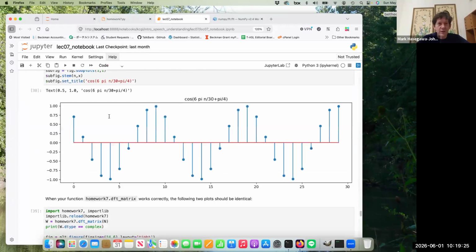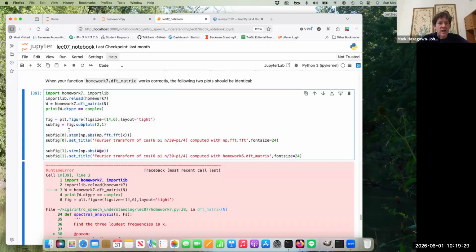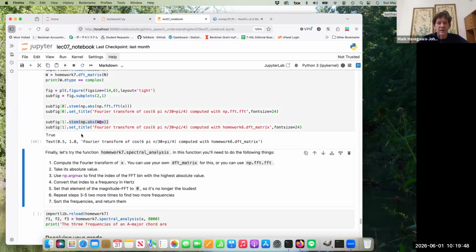Scrolling down to the homework. Here we go. We want to load the DFT matrix, capital W. We want to calculate the fast Fourier transform, and we want to calculate the W matrix times X, and we want to plot both of those, and we should see exactly the same plot.